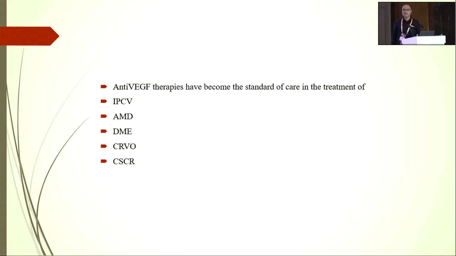So now the question is whether I am using brolucizumab as a first line in these diseases. IPCV, I am using as a first line now. AMD, yes. DME, maybe not. CRVO, yes. CSR, no. So as a first line therapy, I am using it in IPCV, AMD, and CRVO cases.